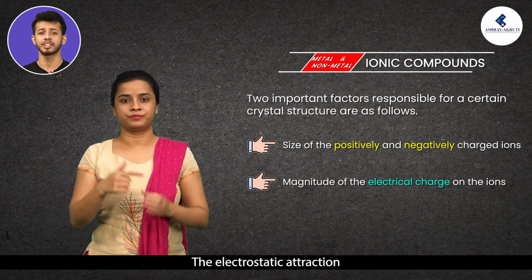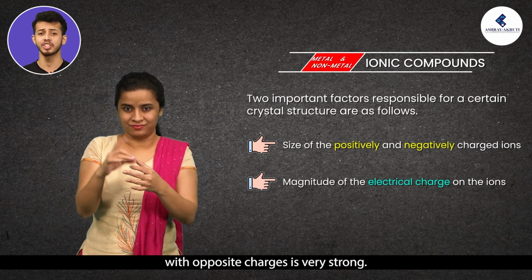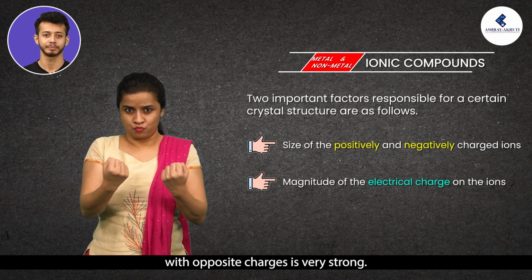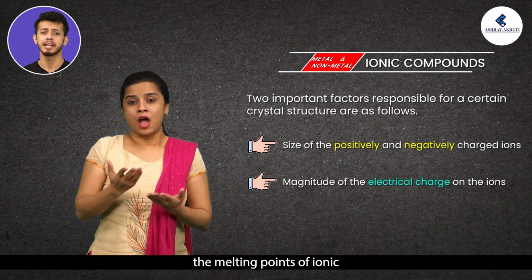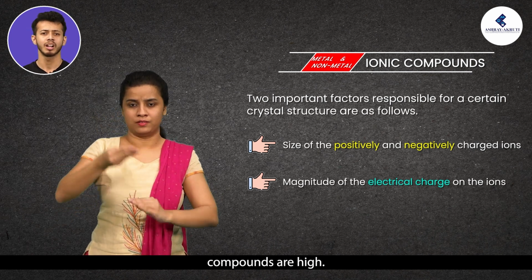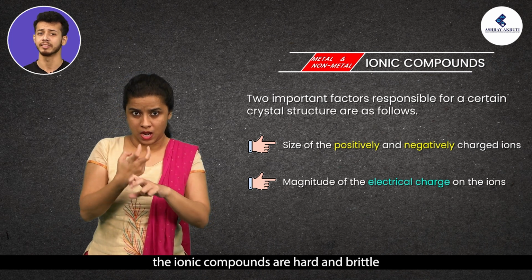The electrostatic attraction in the neighboring ions with opposite charges is very strong. That is why the melting points of ionic compounds are high. Also, the ionic compounds are hard and brittle.